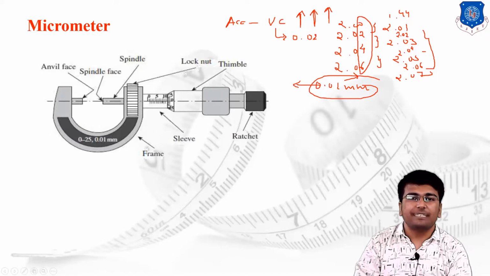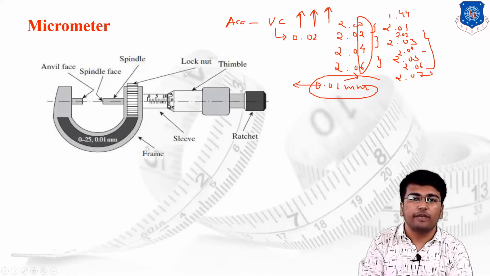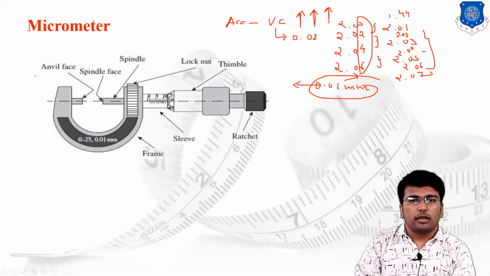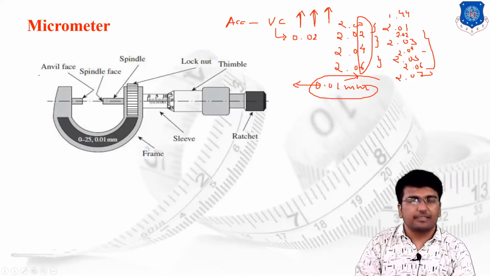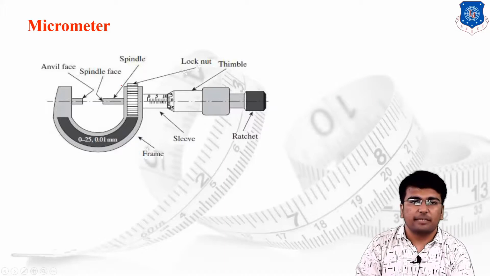So this is the basic requirement of the micrometer, why we are moving from the vernier caliper to the micrometer. Now the micrometer has the same concept of measurement. Here the anvil face, or the fixed jaw, has been provided. This is the spindle, or the moving jaw.